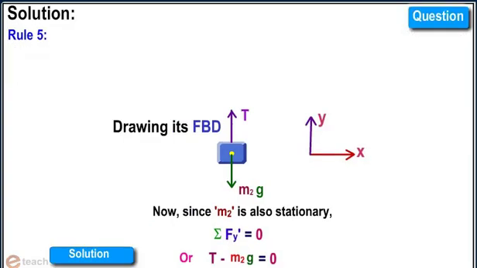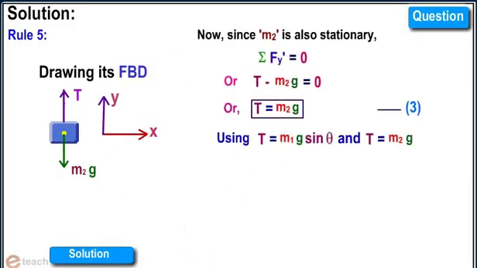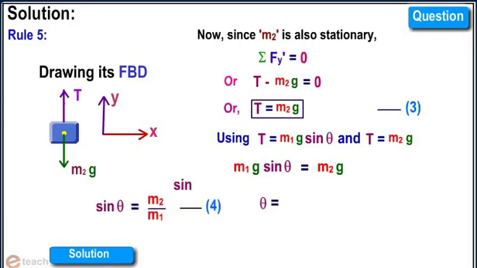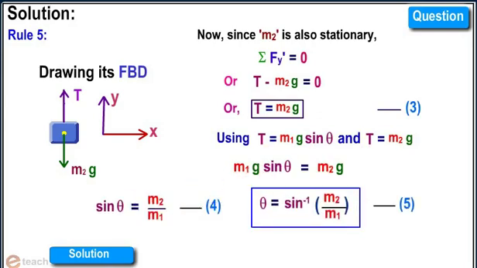Using T equals m1g sin theta and T equals m2g, m1g sin theta equals m2g. So, theta equals sin inverse of m2 by m1.